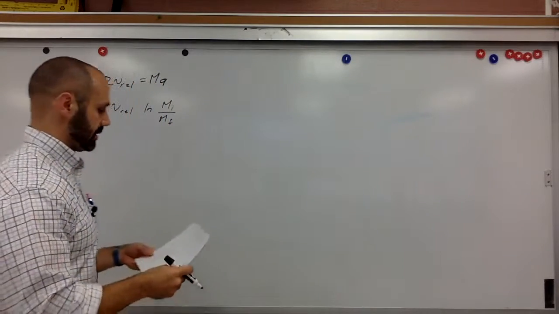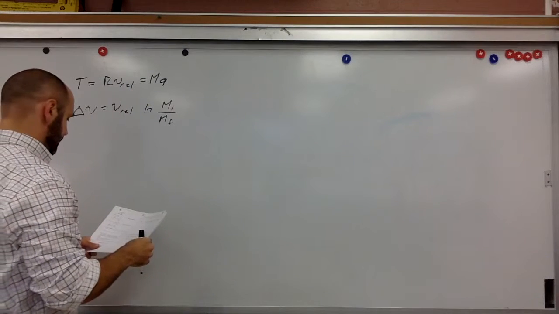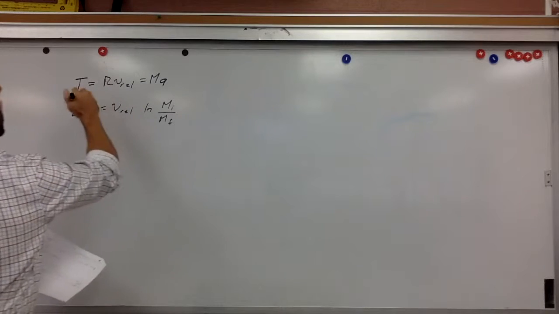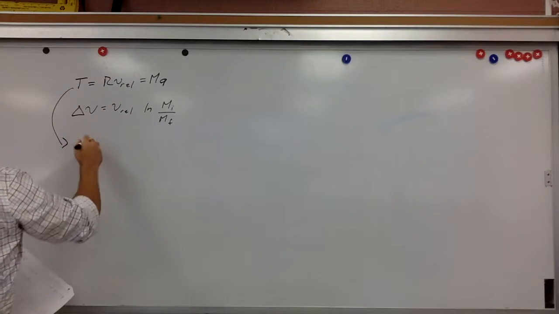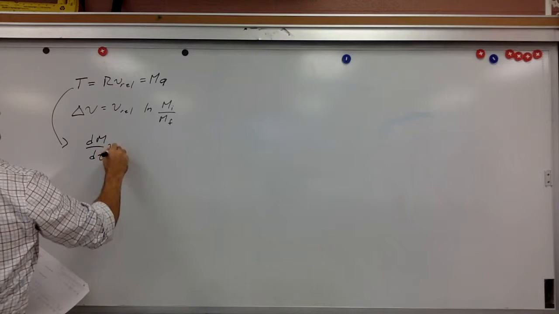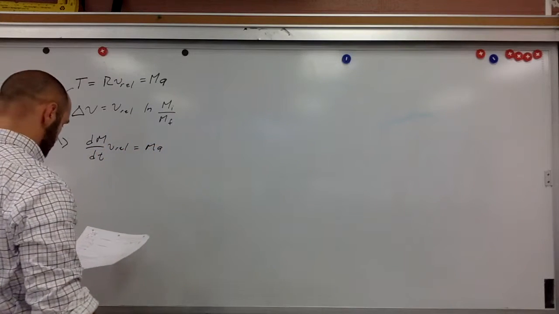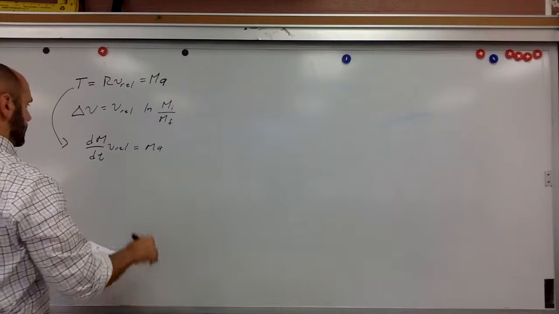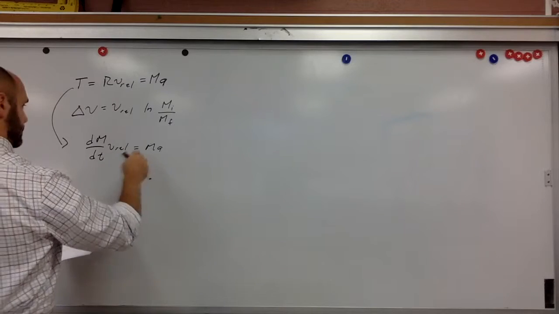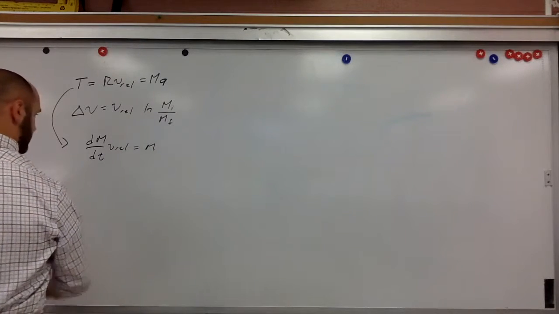And so, to summarize, here's your first rocket equation. We can look at this and think of it as dm dt times vrel equals ma. Well, this is also equal to m times a, which is dv dt.